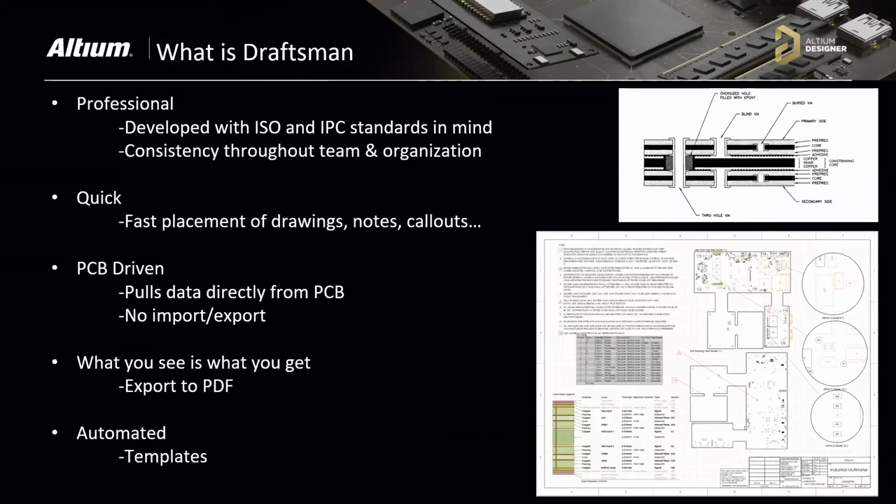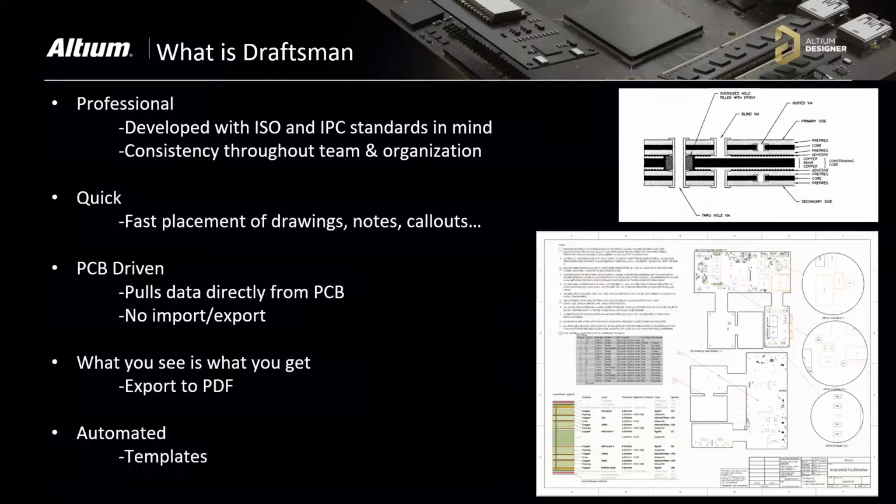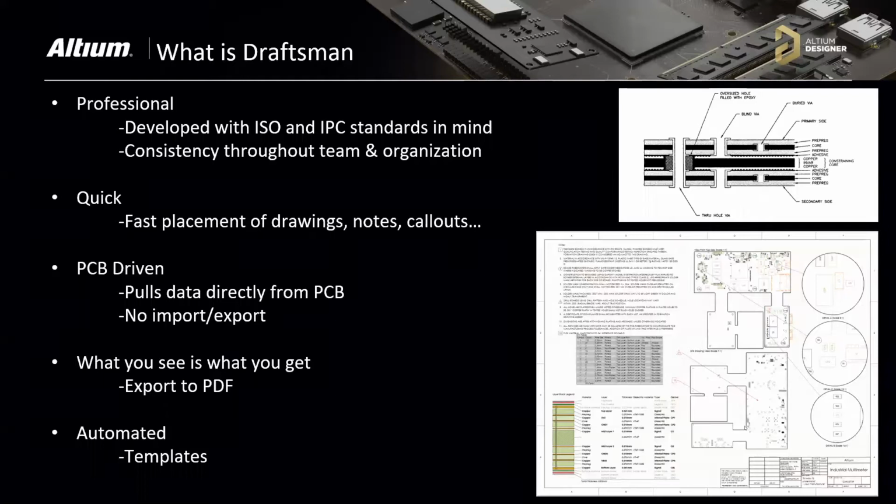It was developed with both mechanical and electrical drawing standards in mind, and it is very fast. With Draftsman, you're able to quickly place down different drawings, including assembly drawings and fabrication drawings, and then views, notes, callouts, and whatever you need, such as a bill of materials and a layer stack legend. You can see it in the picture here and in a demonstration.